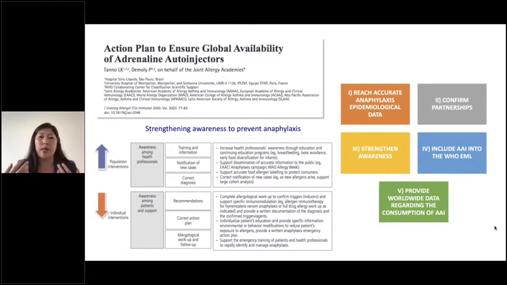So we have been trying to push this, for example, in this paper, in which we propose an action plan for the global availability of these devices based on 5 actions, and basically it's also related to strengthening awareness and preventing anaphylaxis.